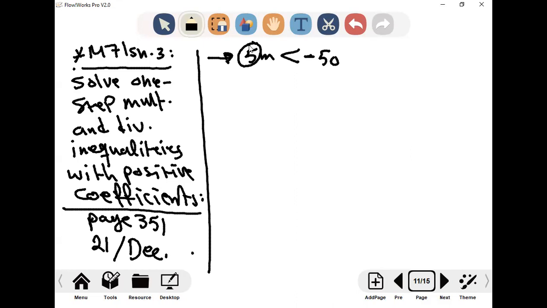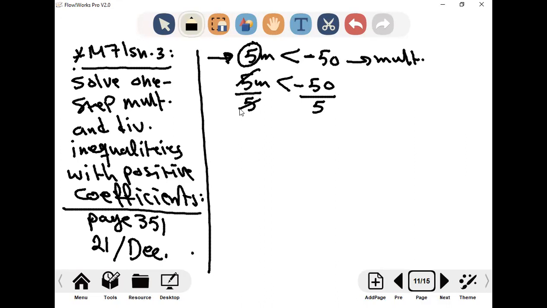This is multiplication, right? How do we solve it? We rewrite it and do the same strategy of one step equation. We divide both sides by the coefficient, which is 5. Divide by 5, divide by 5. Notice that this 50 is negative, normal, but the coefficient should be positive.